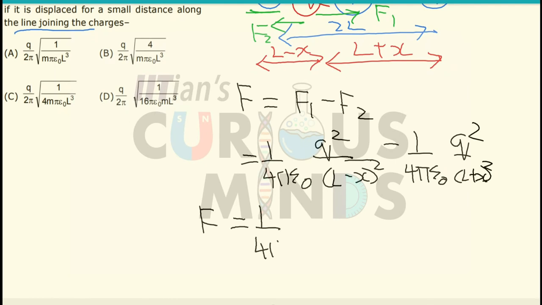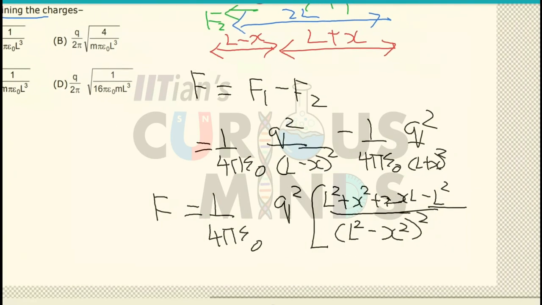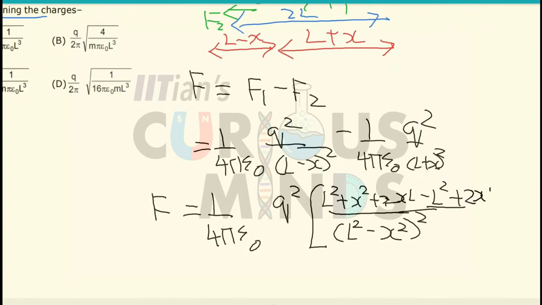I will use the approximations later. When I cross multiply, the denominator will be (L square minus x square) the whole square, and the numerator will be (L square plus x square plus 2xL) minus (L square plus 2xL minus x square).